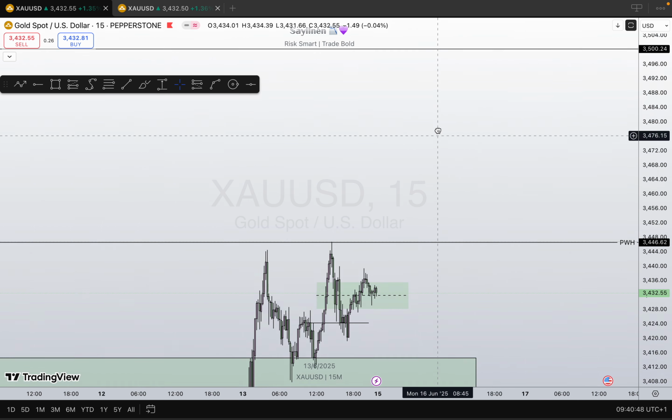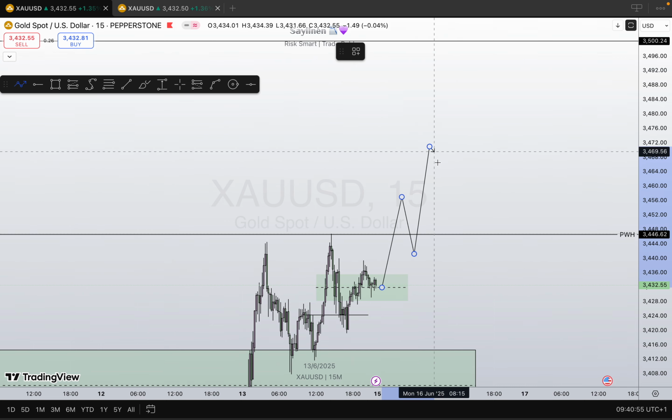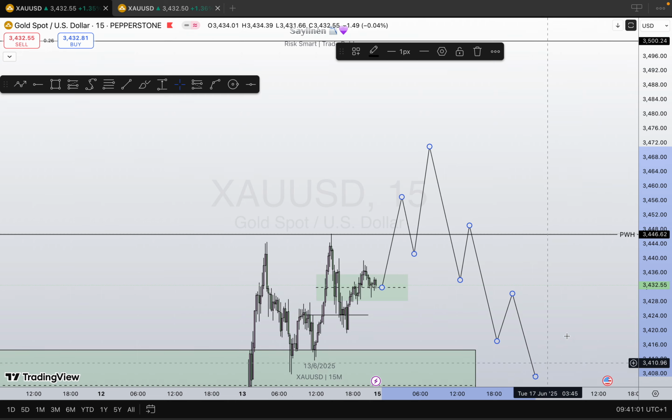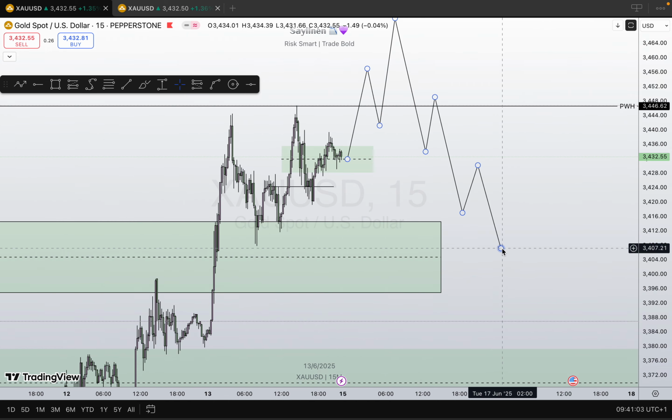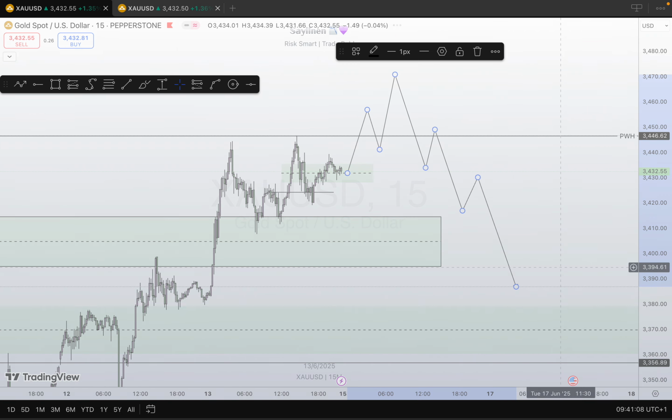Or it could actually do something like this. Take out this level, go back up like before, maybe doing something like this and using the previous week high as a way to come back. This is very possible too.